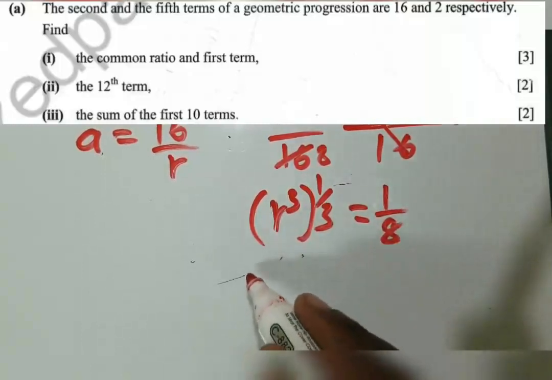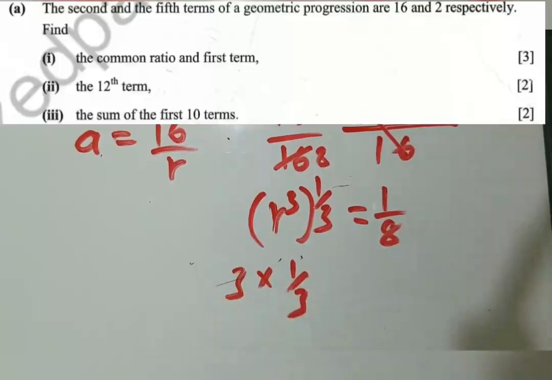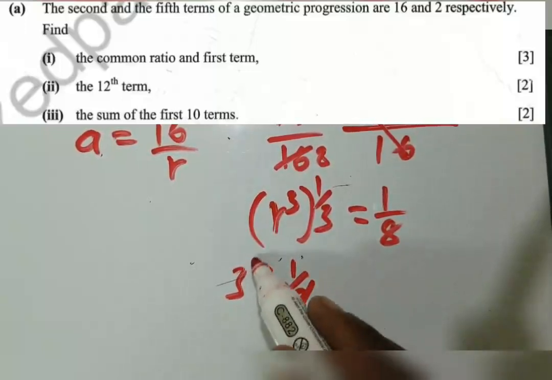When you're multiplying something like this, 3 times 1 over 3, this 3 is dividing.